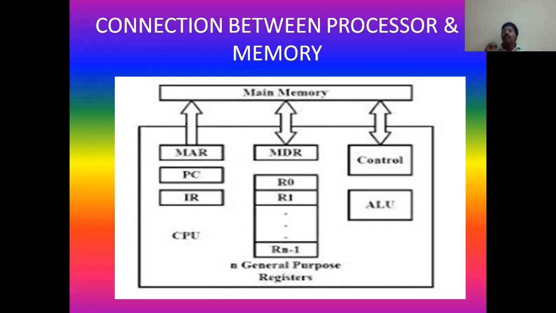For that purpose, we use these buses. With the help of these buses, data is exchanged between the memory and the central processing unit. So between the CPU and memory, information is exchanged with the help of these buses. That is the main purpose of these buses.